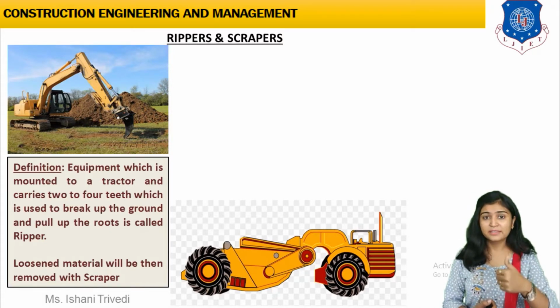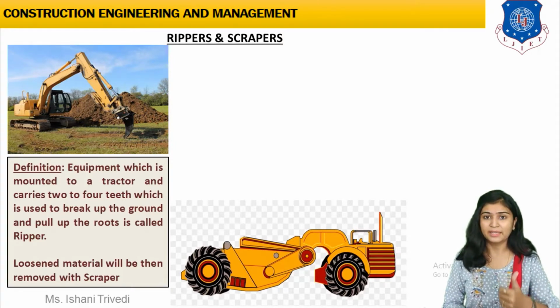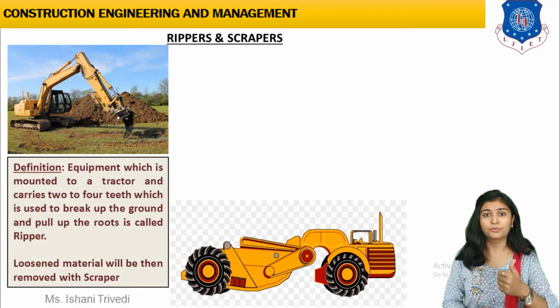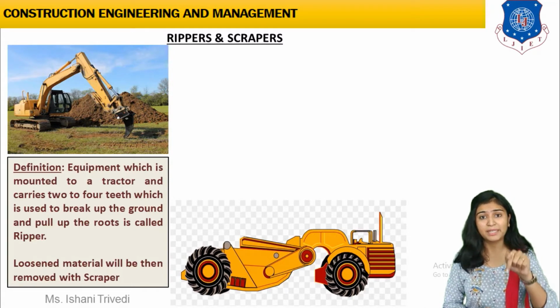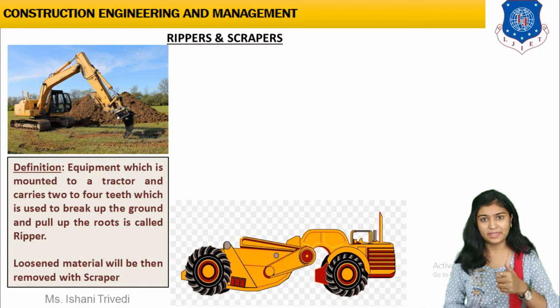So it is a type of tractor itself, but here it is an equipment, a part, a substitute which is mounted to a tractor, and it carries 2 to 4 teeth, meaning sharp blades, at the front. In general cases it is 3 teeth, but you can also use the equipment with 1 tooth.